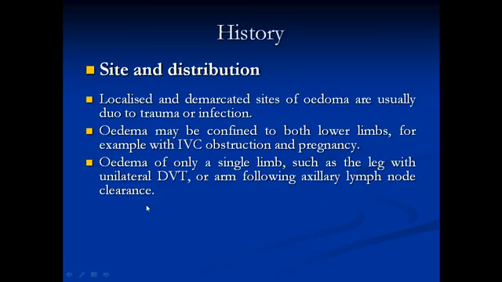So when we find a patient with unilateral edema in a single limb, it may be a case of DVT or any other problem like an axillary lymph node problem. So localization is very much important for diagnosis of edema.